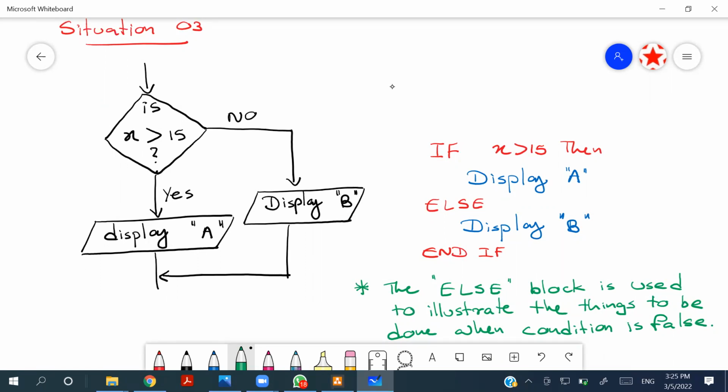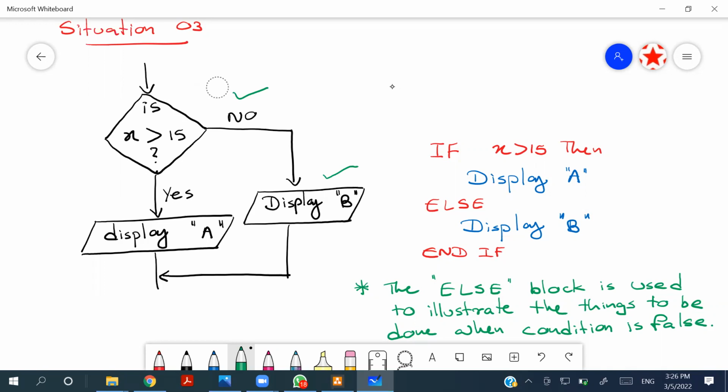If the condition, then keyword, then you write what is to be done when the condition is true. And then you use the else part to indicate the no part of the selection. So then you say what is to be done when the condition is false, because we come to the no path when this condition is false.